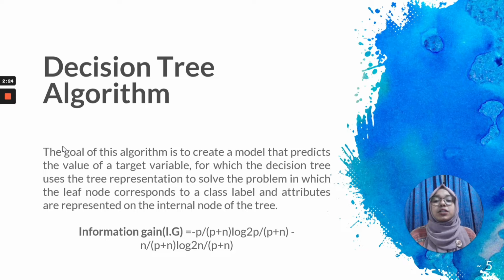Calculate the entropy of all attributes except the target attribute. Then subtract the entropy from the information gain. Then we will draw the decision tree. Now the formula of IG is minus p by p plus n log 2 p by p plus n, minus n by p plus n log 2 n by p plus n.